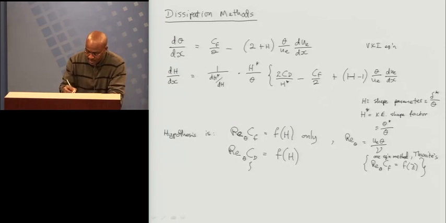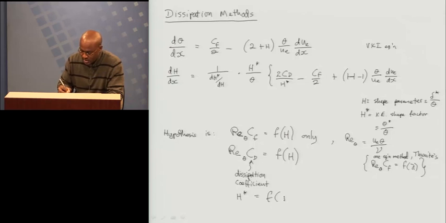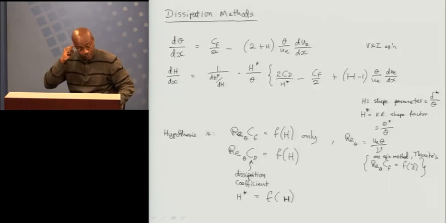Alright, so this guy here again is the dissipation coefficient and not the drag coefficient. Okay, and then we also have H star, which is also a function of H. So all these guys are functions of your shape parameter.